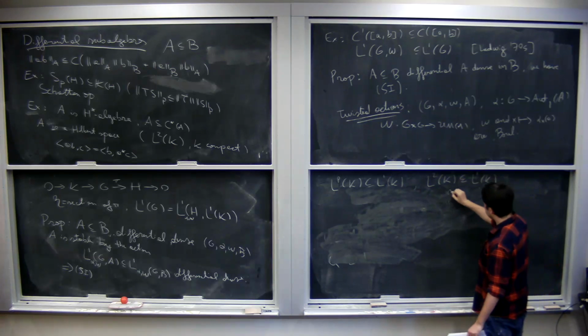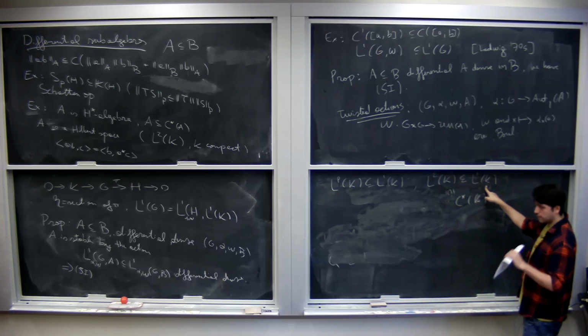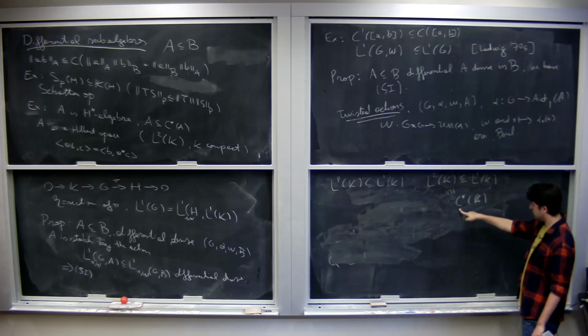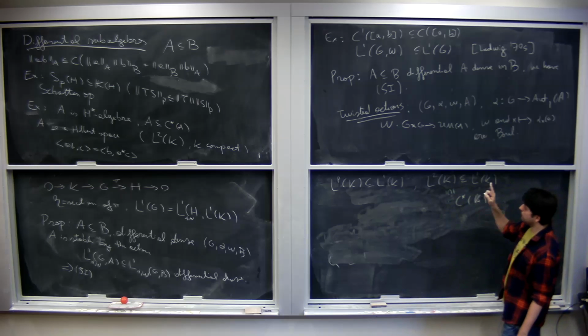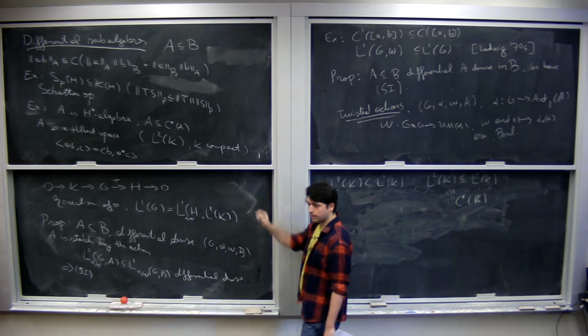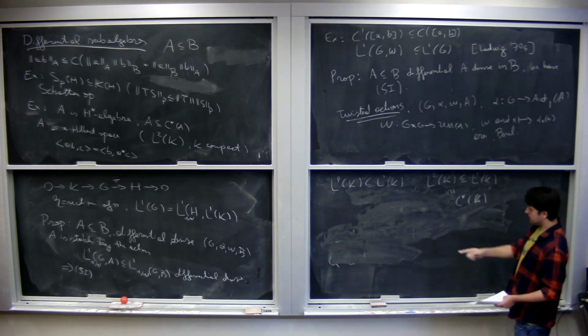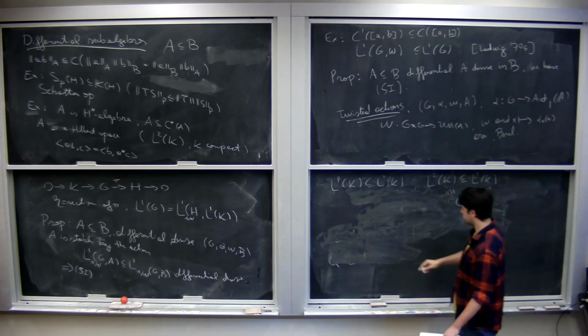But also this is a differential subalgebra of the group C-star algebra. This is because of the Holder inequality, and because this is one of the examples I mentioned, the Hilbert algebra. So I can apply my results to this algebra.